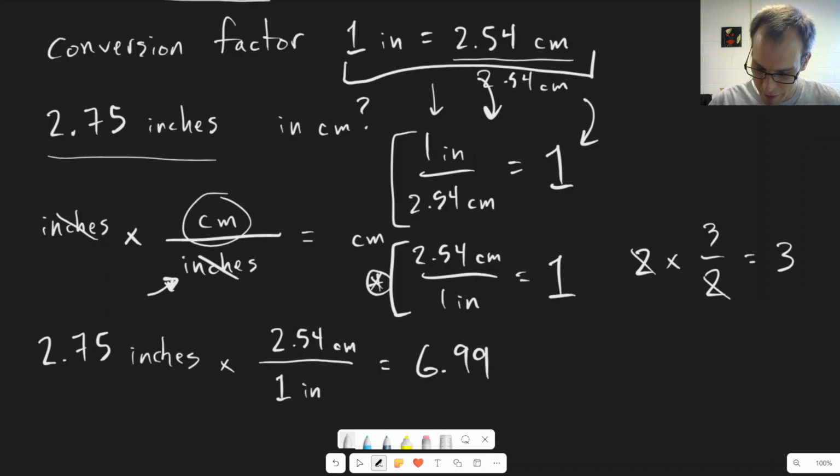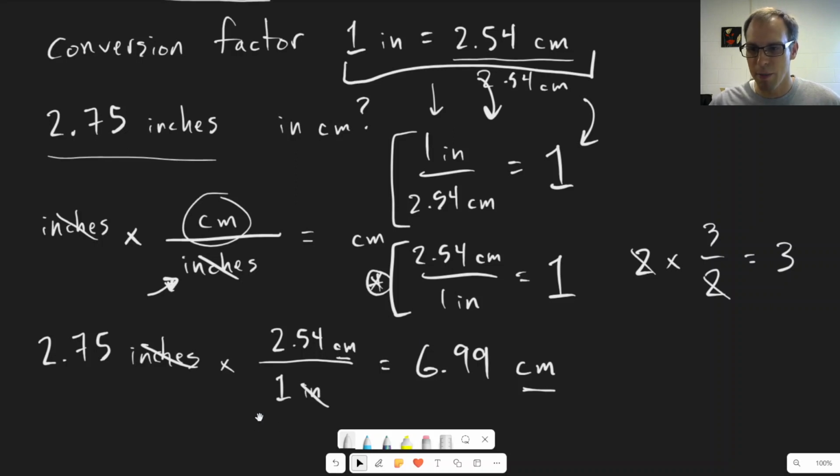So 2.75 inches is equal to 6.99, roughly 7 centimeters. And just to emphasize, I'll usually do this when I do unit conversions: I'll cross off those inches, leaving the centimeters, and that's how I know that my final answer is in centimeters. So this is a simple example of a unit conversion and a dimensional analysis.